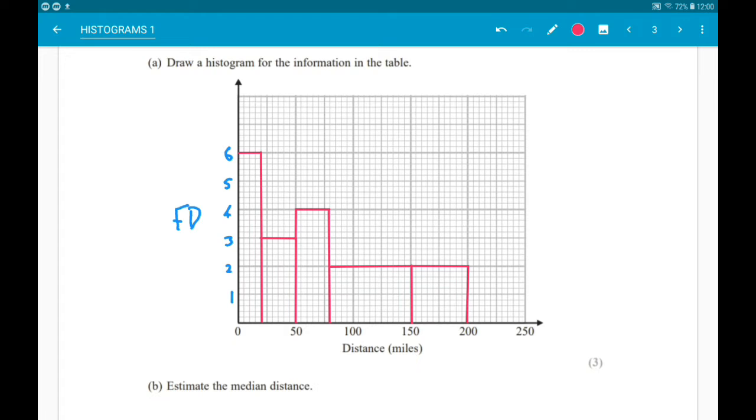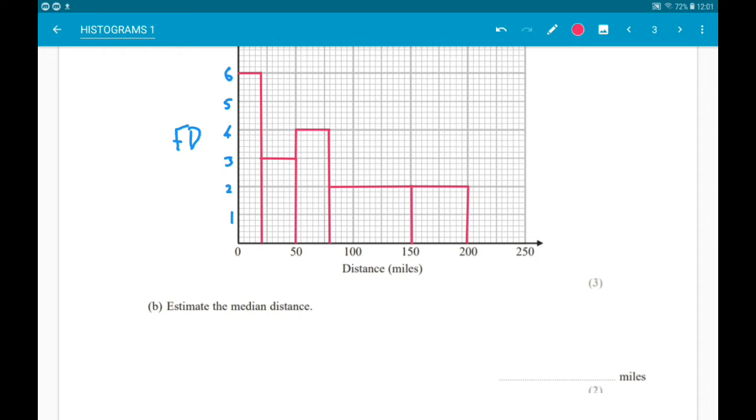Now part B annoyingly wants us to estimate the median distance. So if we put all of these students in order of the distance they have travelled, we would want the one in the middle. Now if we do 570 divided by 2, we get 285.